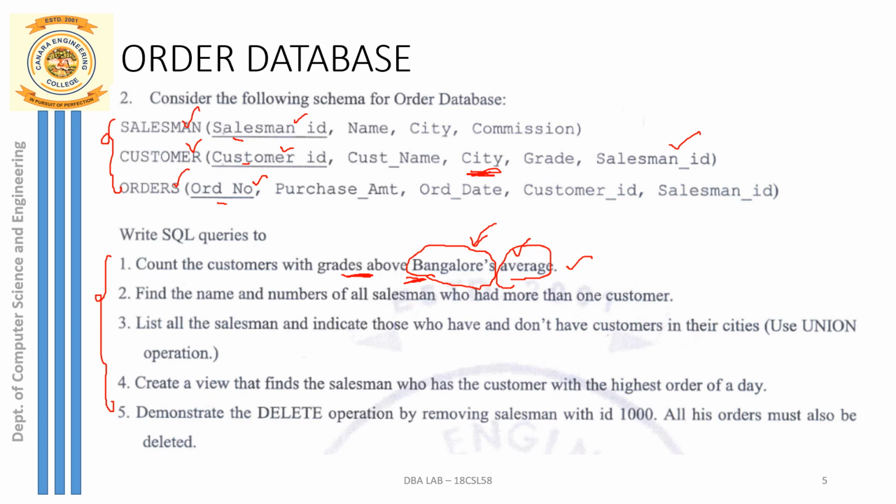We have: find the names and numbers of all salesmen who have more than one customer. This information about salesmen serving different customers, we have here in the customer table.